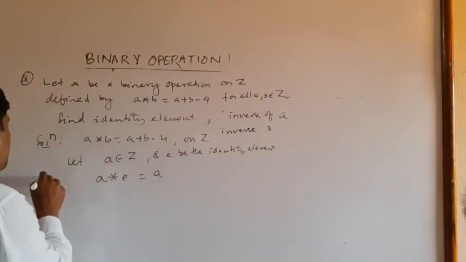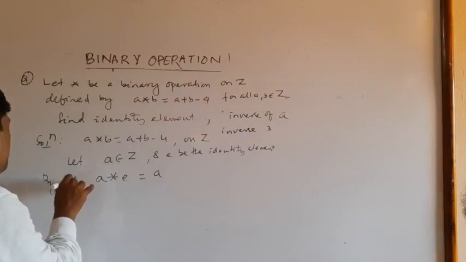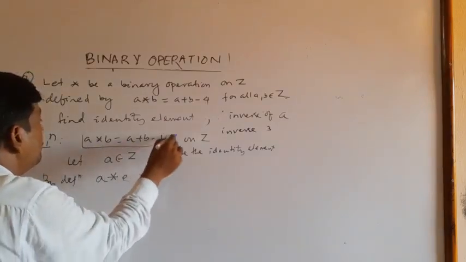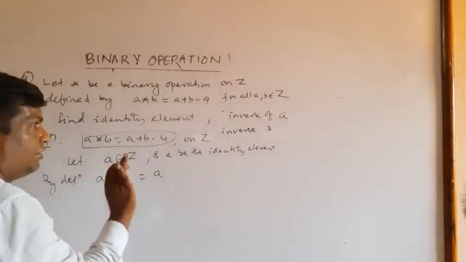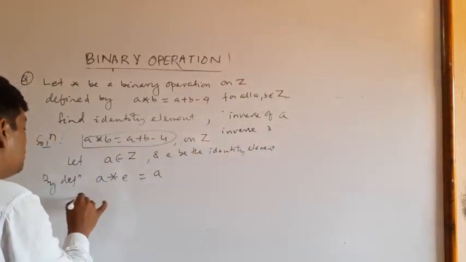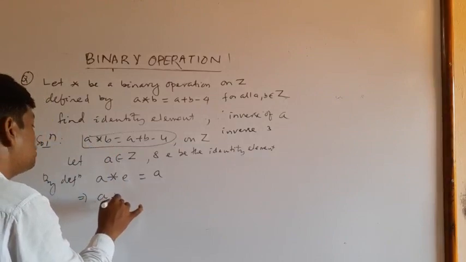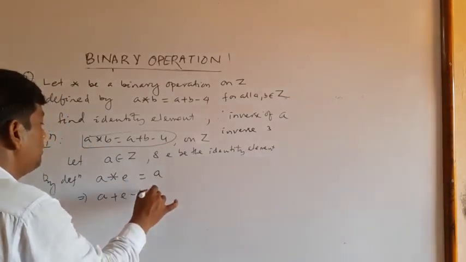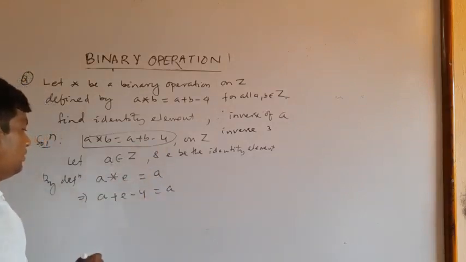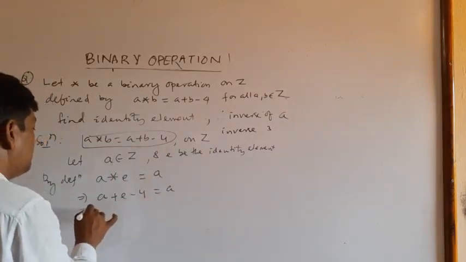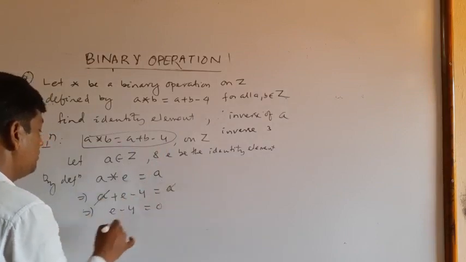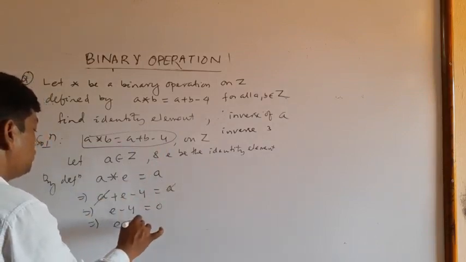So a plus e minus 4 is equal to a. Now a cancels, so e minus 4 is equal to 0, so e is equal to 4.